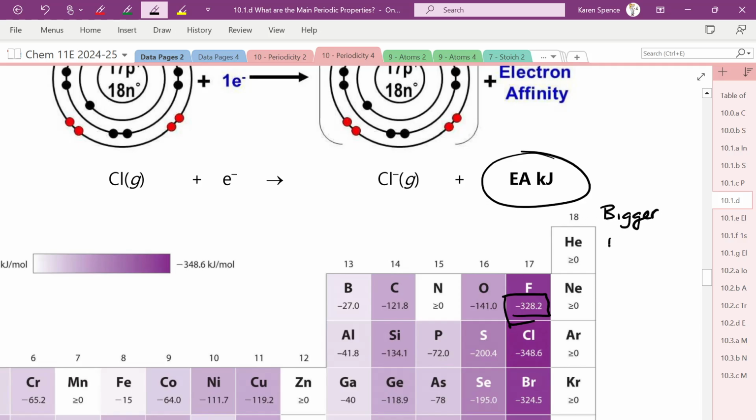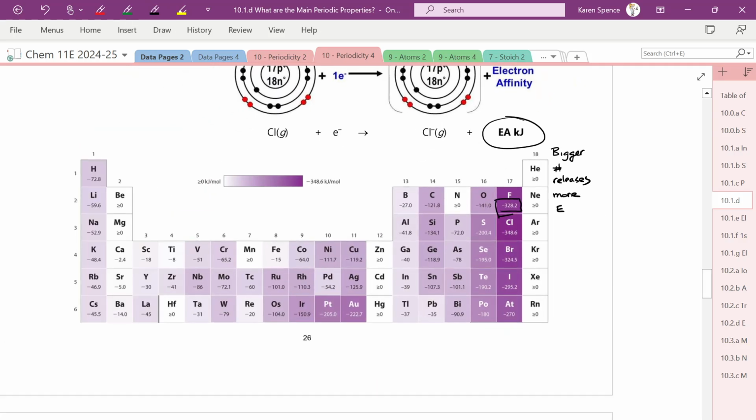Bigger number releases more energy. And think about it this way. If you have something that's not very attractive, right, down here, this is not very attractive. FC is small. Not so attractive to electrons.